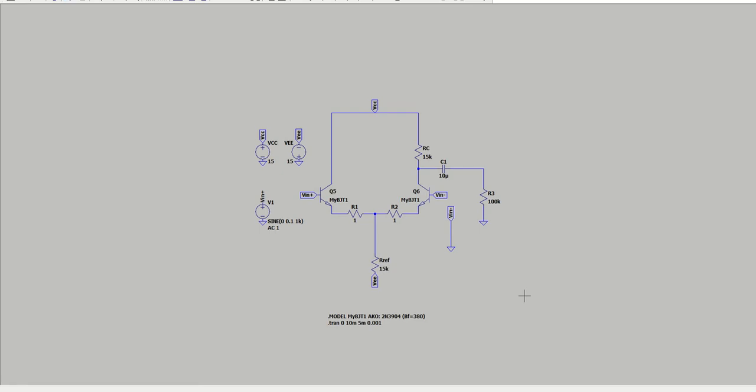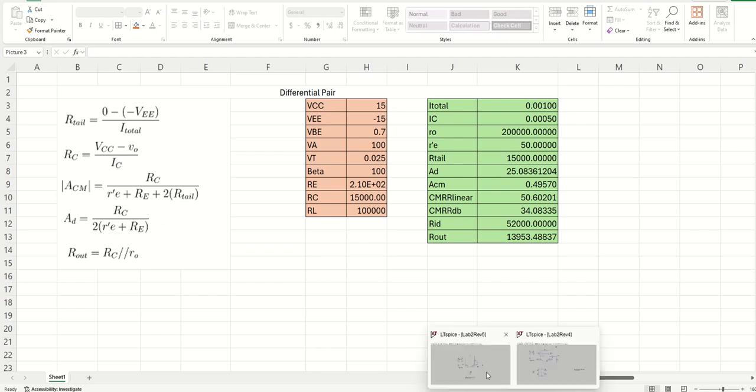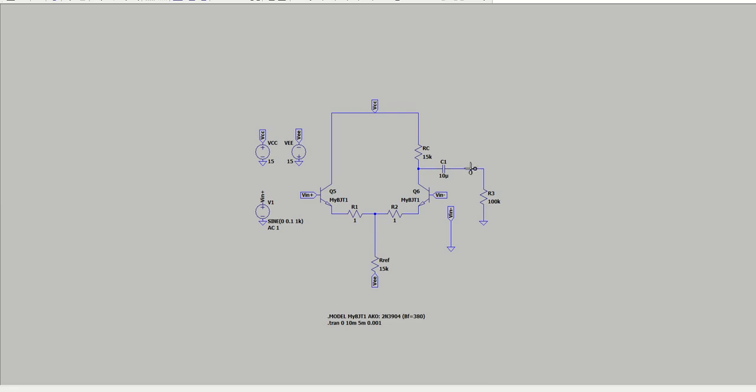Okay, so now the third step is to choose the emitter resistor to get a gain of 25. Going to my Excel file, this is the formula for gain, and I want you to observe that this uses RC in the numerator. That means that we would not have the load connected.